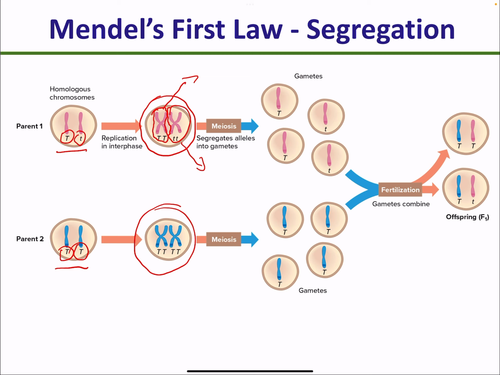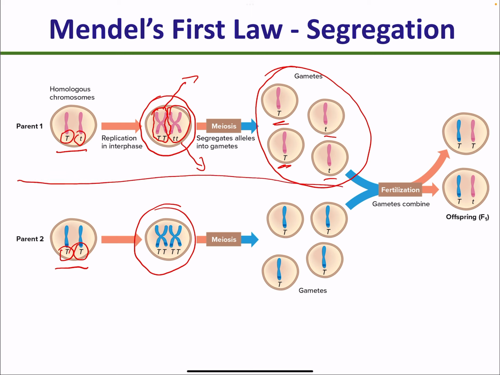At the end of the day, you are going to have 4 gametes, 2 that are capital T and 2 that are lowercase t. This is for parent 1. For parent 2, after replication during interphase and meiosis, every single gamete is capital T. It makes sense because this parent is homozygous.